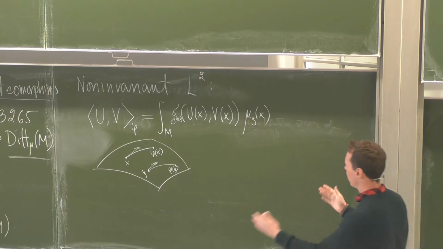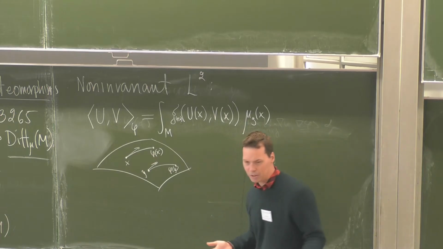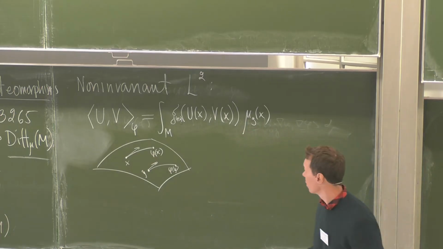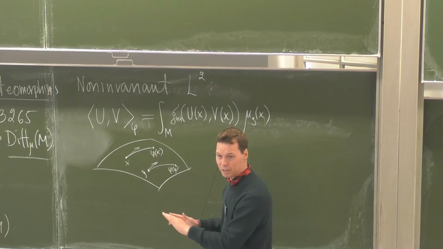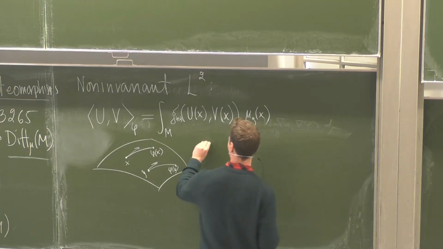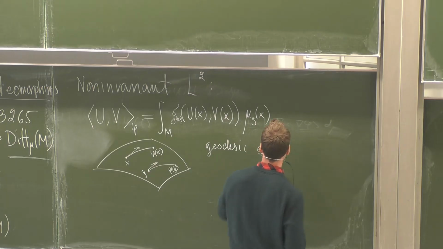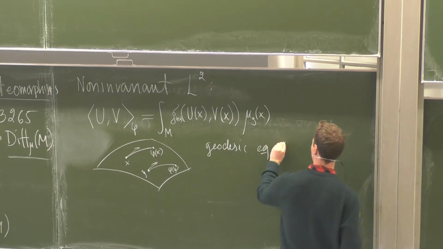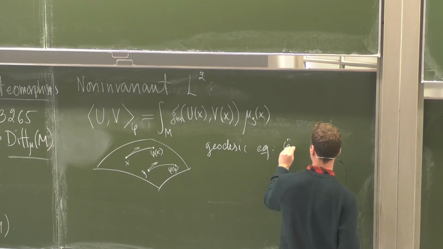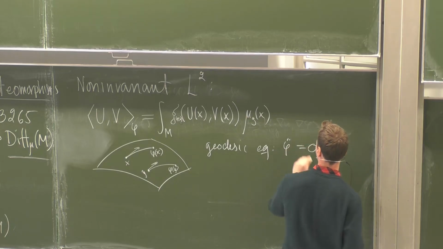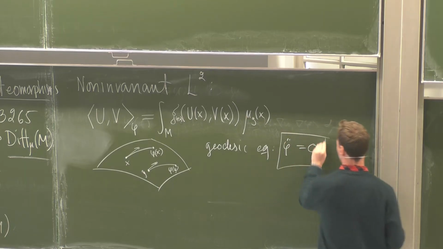Okay, so that's just something about this geodesic equation. In particular, in the simplest case, when the underlying manifold is flat, the geodesic equation is just going to be phi double dot, two time derivatives, equal to 0. Very simple.